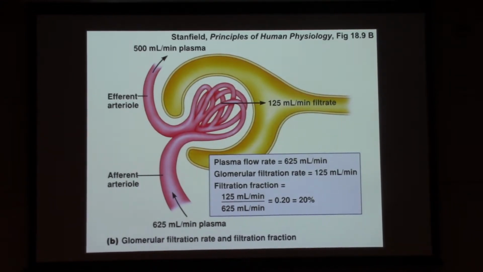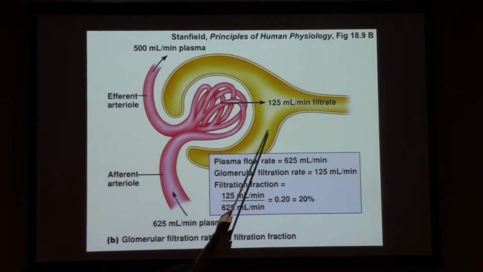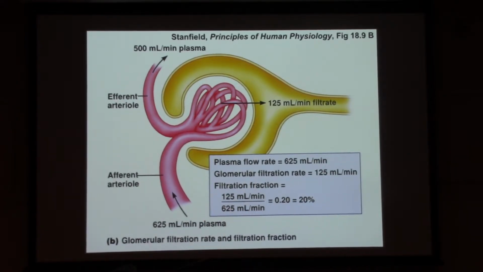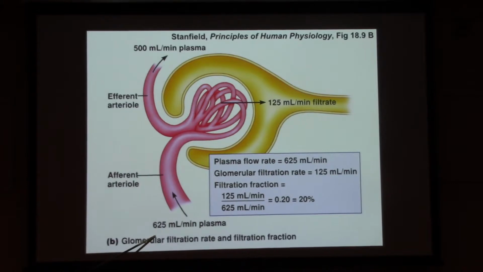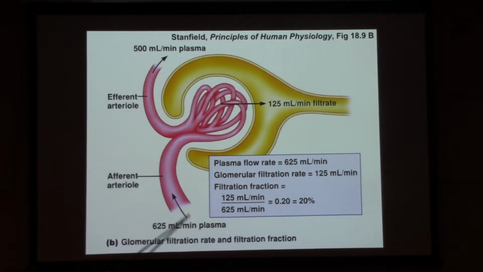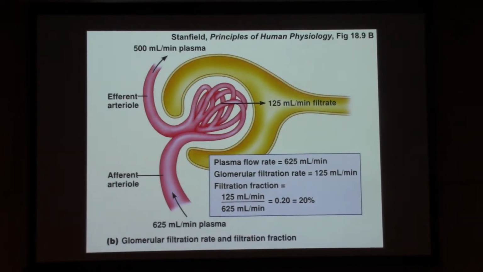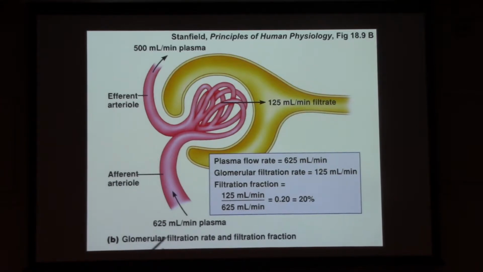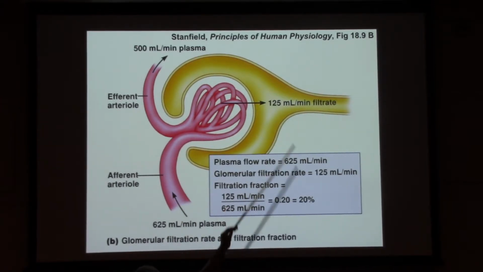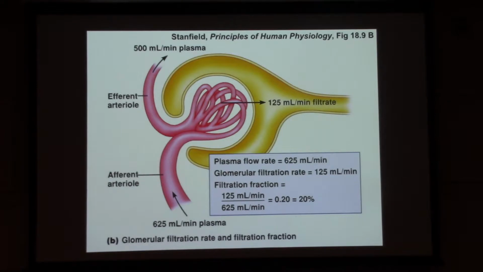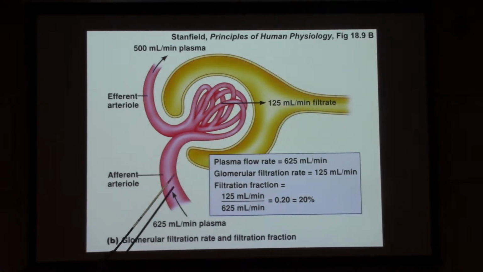And the numbers here show the rate that blood flows into the glomerulus and the rate that filtration occurs. About 20% of your resting cardiac output goes to all your nephrons, and about 20% of that is actually what gets filtered. That's what they're trying to show with these numbers. So 20% of the blood that flows into the glomerulus by volume gets filtered into the tubule lumen.